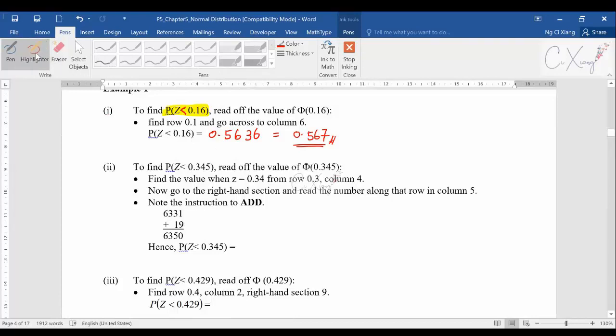Okay, so if let's say you want to get the value for Z smaller than 0.345, also very easy. You look at 0.34, and after that, at the end of the table, you look for the last digit. Okay, so another difference between the SPM and A-level table, and I forgot to mention it to you just now. All right, so share back the table.